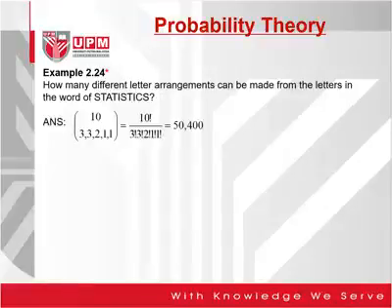So how many ways are there to arrange them? Even if I change the position of T, for example, you cannot recognize the difference. The places are different, but arrangements within the same group are not important, so you want to discount them. When you discount them, it is not 10 factorial anymore. It becomes 50,400 ways to arrange the word statistics.